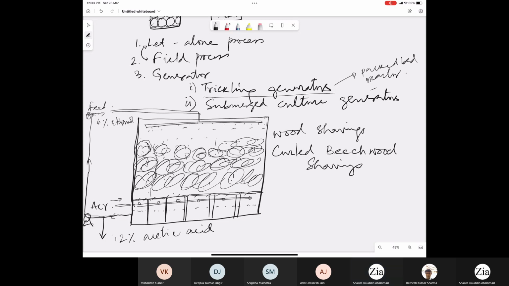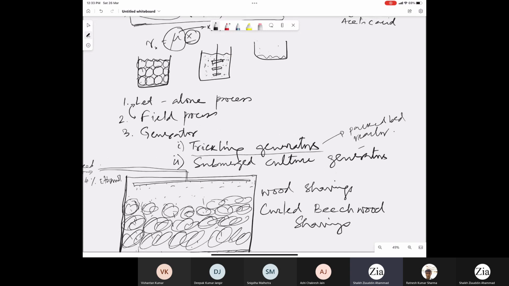Whereas in the submerged culture process, the liquid, bacteria, as well as air, are continuously interacting and they're all mobile. So you are not having any stationary system here. So the chance of interaction is much more in submerged culture. That's why you get much higher conversion.